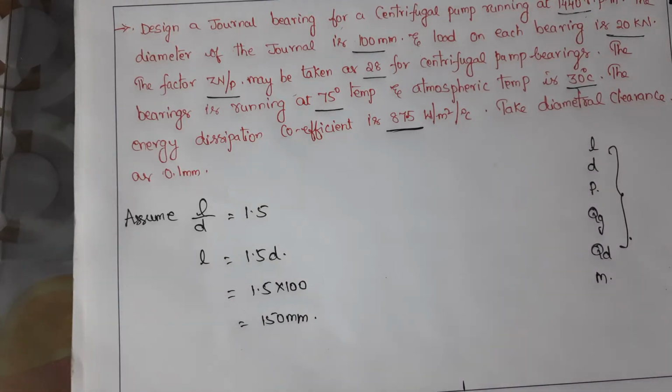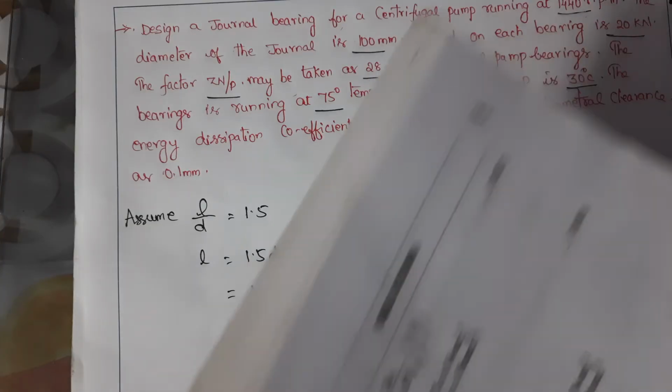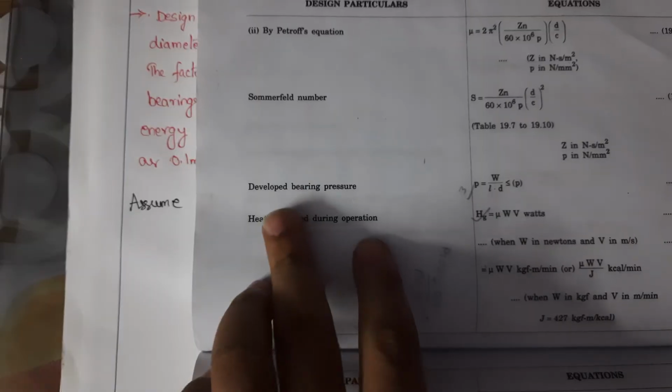Next we need to calculate the bearing pressure, that is the P value. For calculating the bearing pressure, we need to go to page number 19.4 in the data book, where you can find the formula.